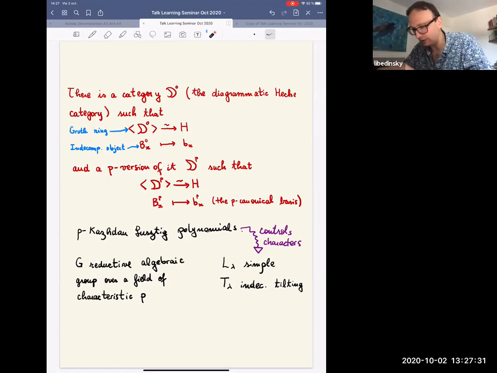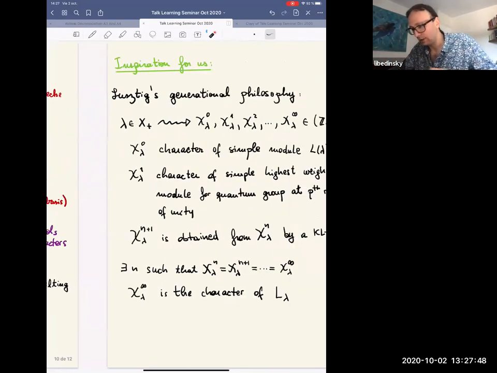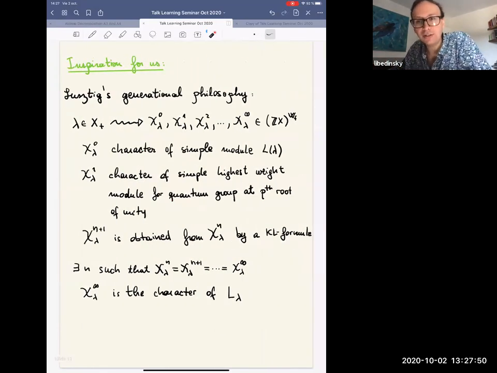But essentially, the p-Kazhdan-Lusztig polynomials, if you understand them, it would be amazing, because it's like understanding the characters of the most important objects. And I will just write an inspiration.